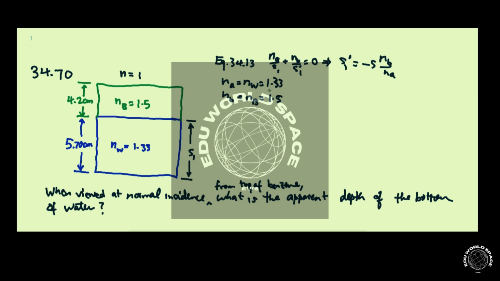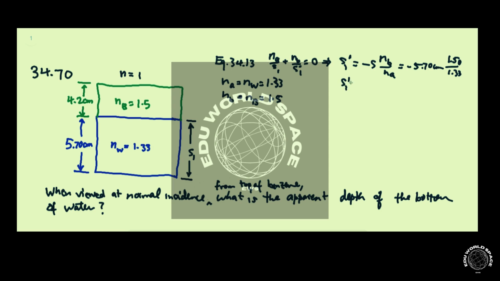And we can just plug in because we know S1 is 5.7, Nb is 1.5, Na is 1.33. So this gives me minus 5.70 centimeters times 1.5 divided by 1.33.